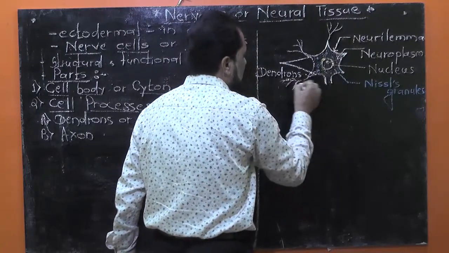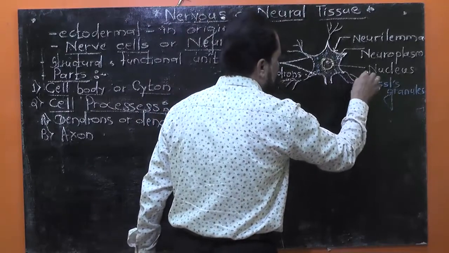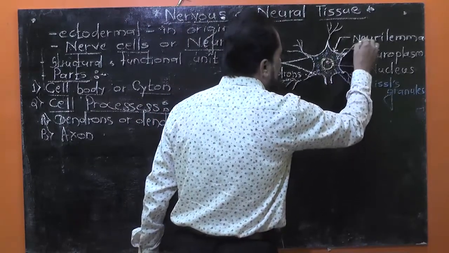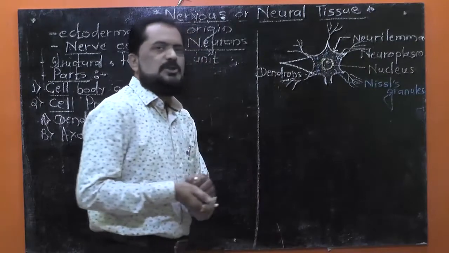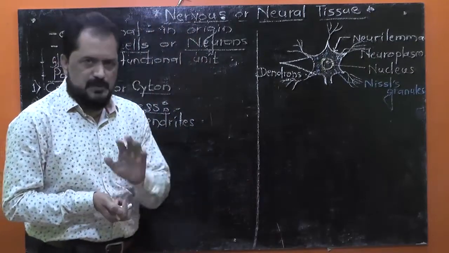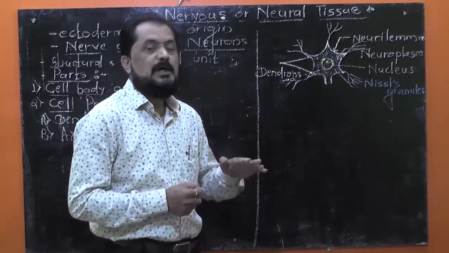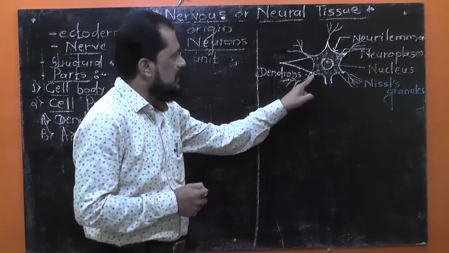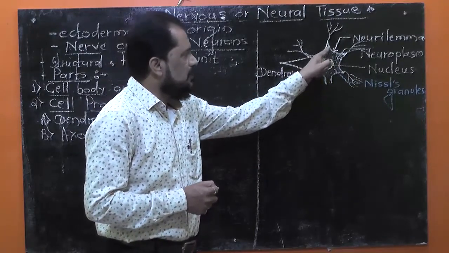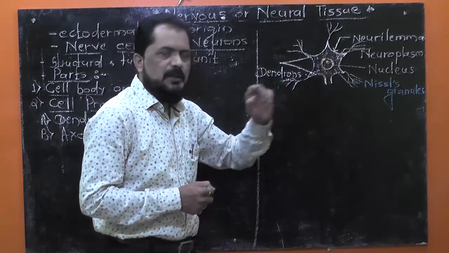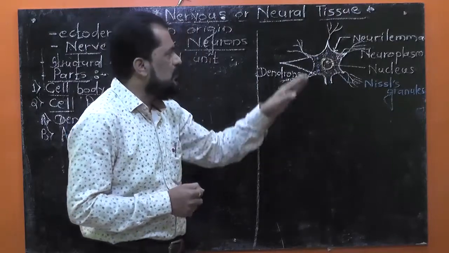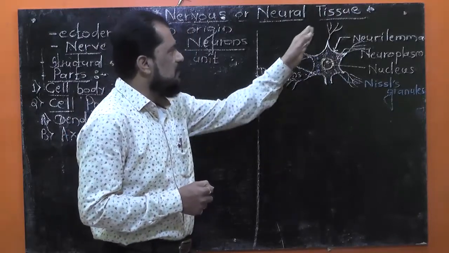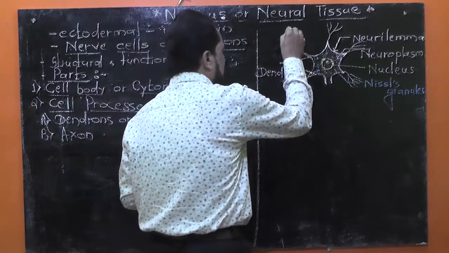Of course, this branching nature facilitates surface area for transmission of impulses. So mind well, dendrons are small conical projections of the cyton, and dendrons give rise to many branches known as the dendrites.